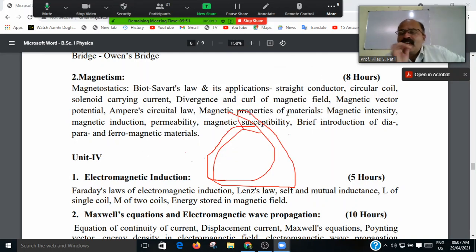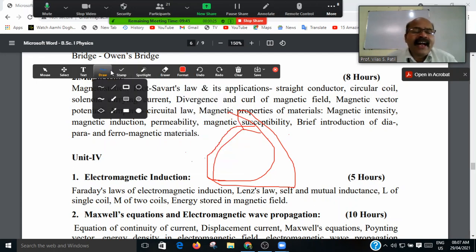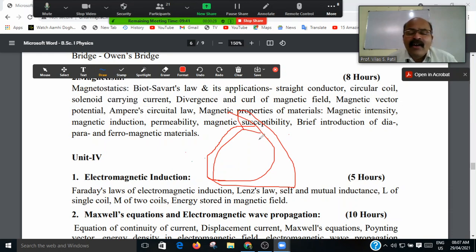If this is the circular solenoid, around which again we wind a uniform insulating wire, and through that uniform insulating wire the current I will be passed.